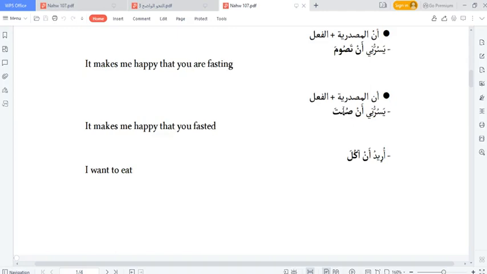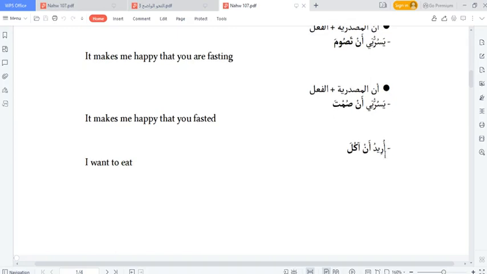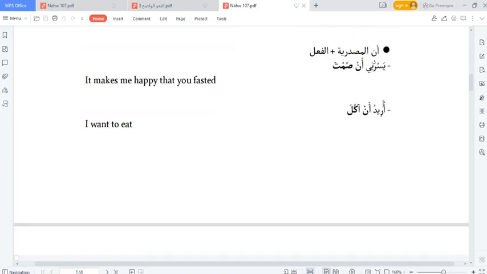You can see because this is fi'l madi. That's why it's fasted. Another common example that people use is uridu an akula. I want to eat.